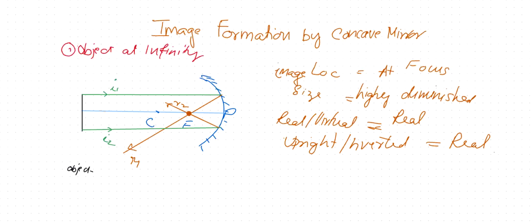So the next case is where the object is beyond C. That is, it's further away from C. It's not at infinity, but it's on the principal axis, even further away from C. So let me make a concave mirror and the principal axis.